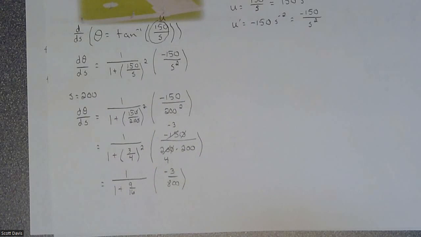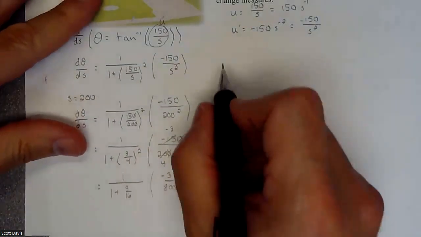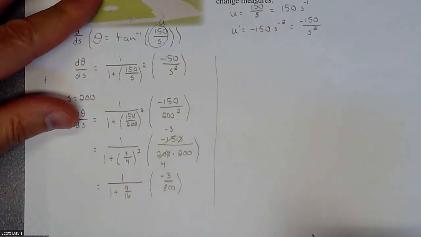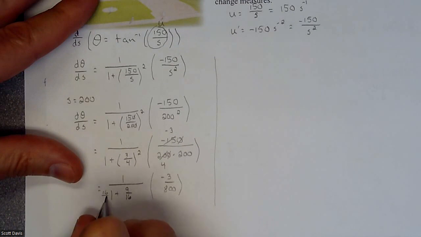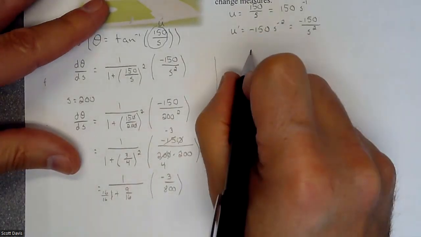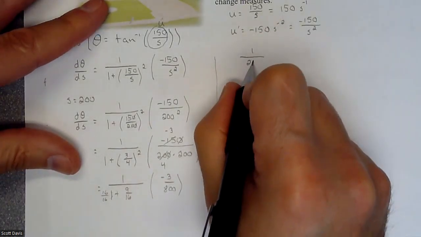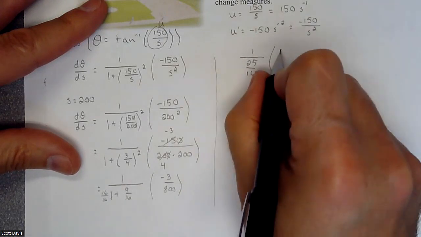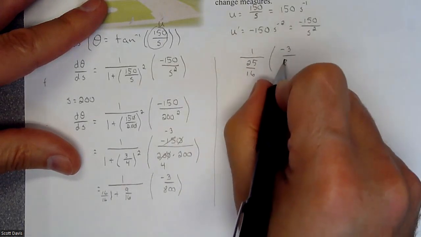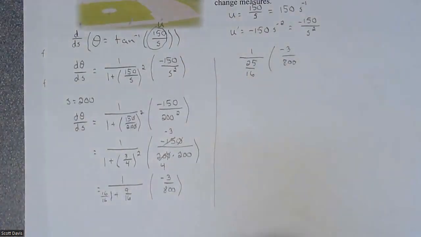And then, let's keep on doing the math here. We have 9/16, we're going to add 1, so really that's 16/16 instead of the 1. So we have 25/16. So 1 divided by 25/16 times negative 3 over 800.